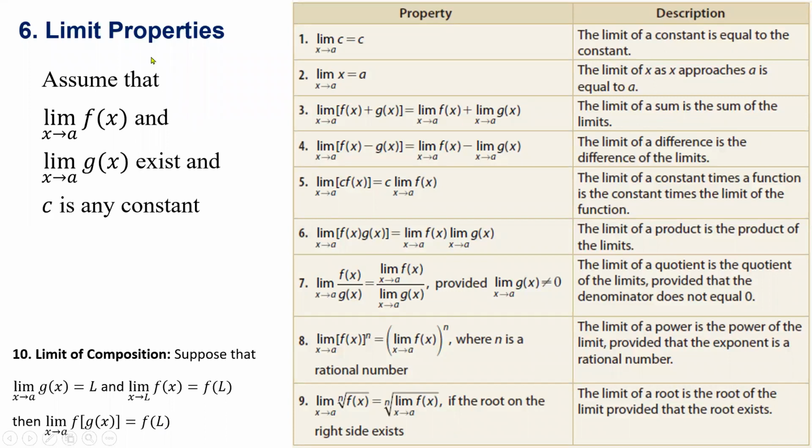Okay, so these are the limit properties we can use to evaluate the limit of a function at a given point. Any questions? Again, the proof of such properties involves the definition of limit.